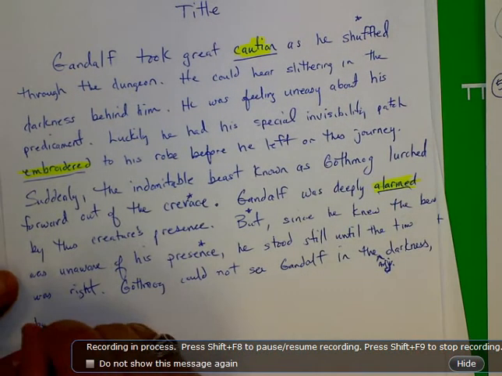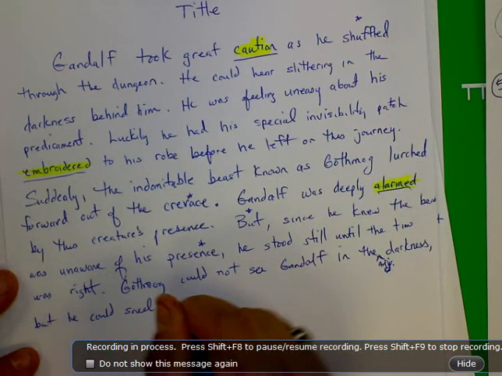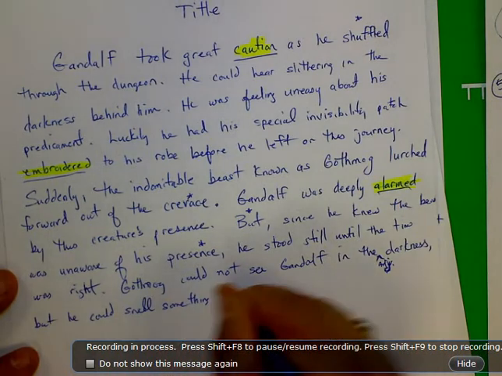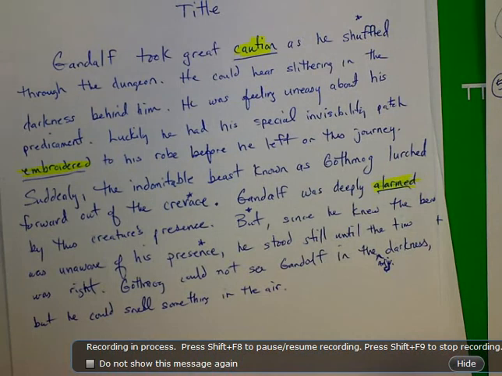But he could smell something in the air. Kind of like the Jack and the Beanstalk story here.